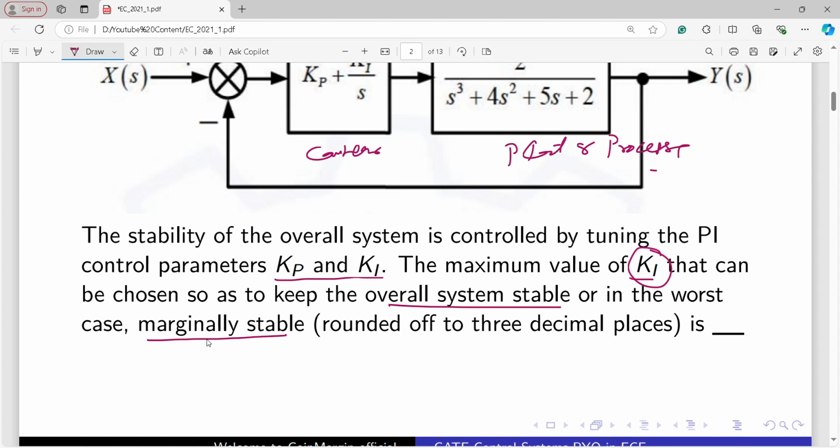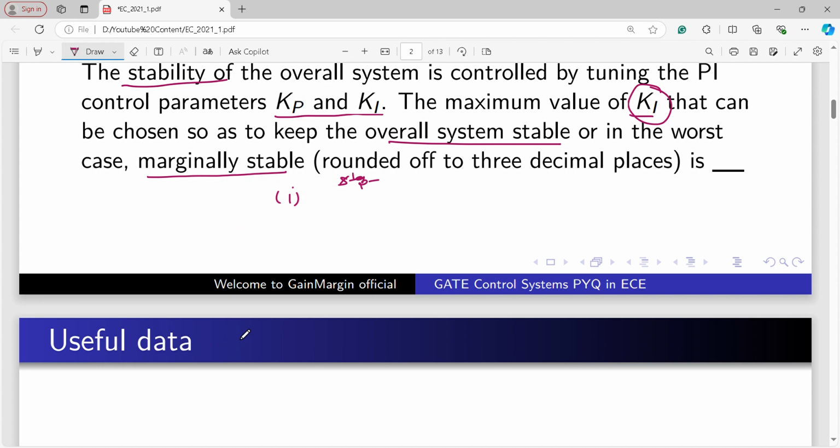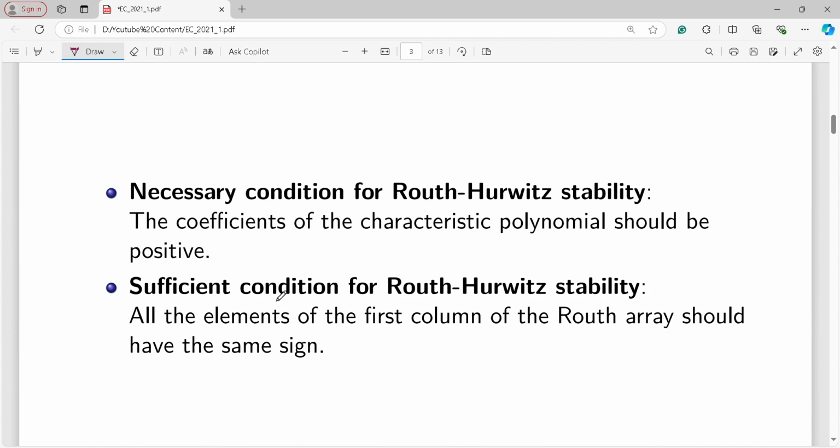First, we need to develop and establish the characteristic equation. Because they are talking about stability, we need to apply the Routh-Hurwitz criteria, so that we understand the range of Kp and Ki for which our Ki value would be maximum to maintain stability.